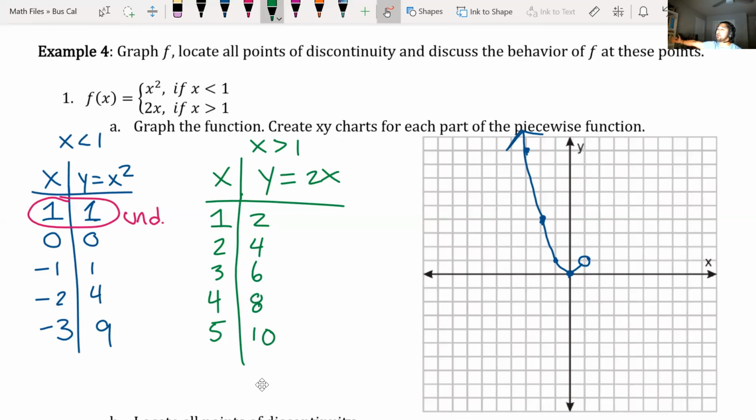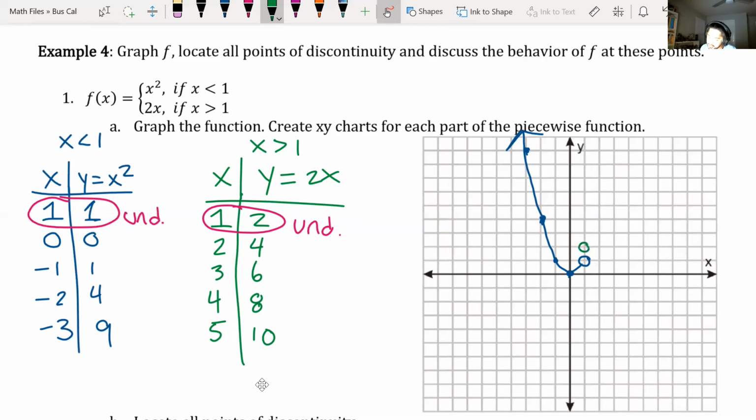But once again, we run into this situation. Can we use 1? No. It'll be undefined, again because of the inequality. All right. So that means when I graph 1, 2, it's going to be another what type of circle?